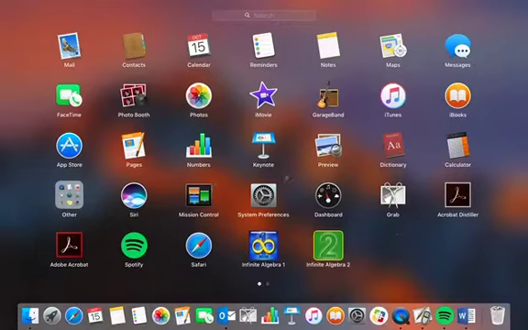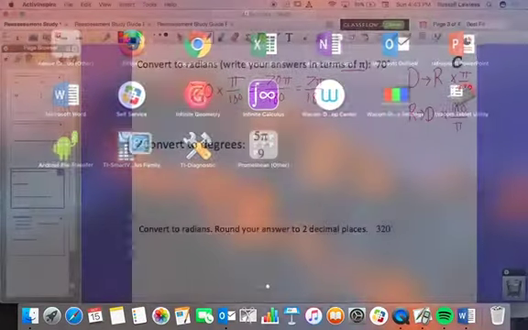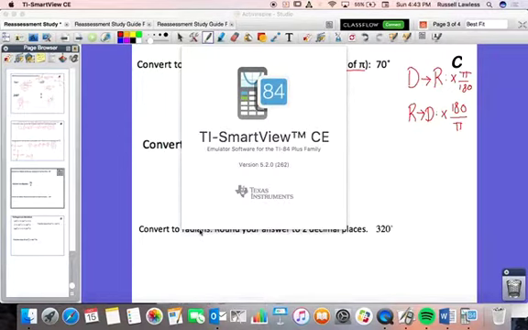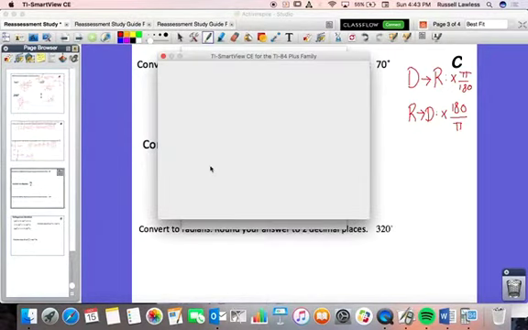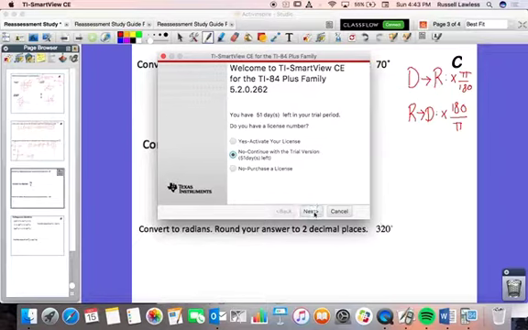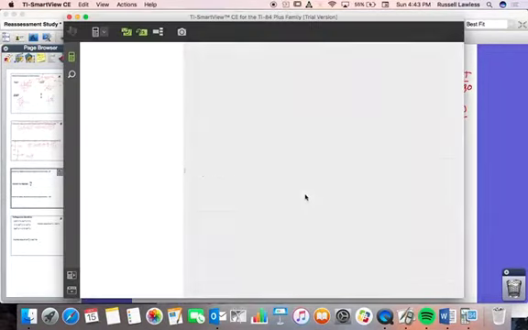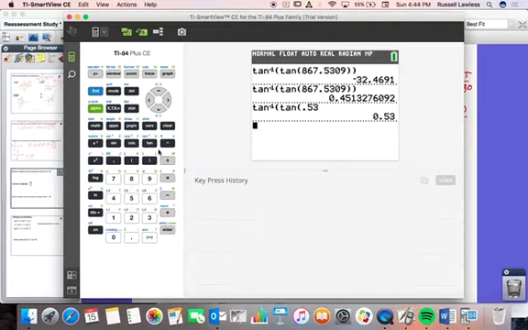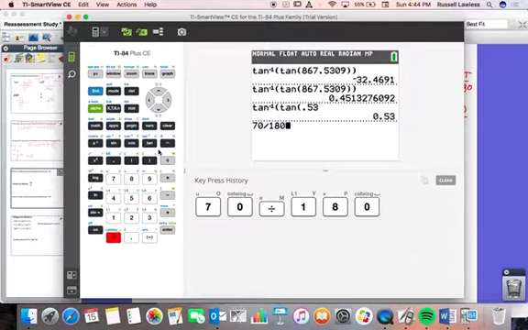Now, if I go to my calculator, because sometimes we'll be able to use a calculator on parts of the section of the test, you can use the calculator to find the most reduced fraction. We just need to remind ourselves that we have to put in the pi. So if I look at 70 over 180, that gave me this decimal. That's not a fraction.